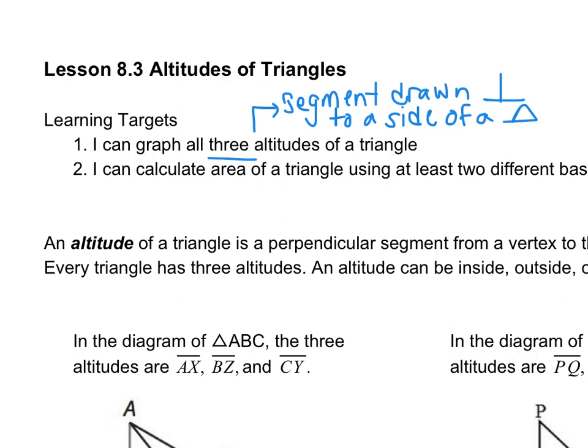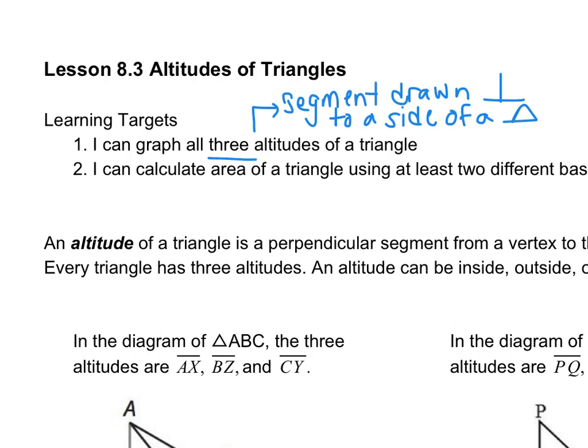So hopefully that gives you a clue as to why we know there are 3 altitudes of every triangle, because every triangle has 3 sides. So therefore there can always be 3 segments that are drawn to a side of a triangle.